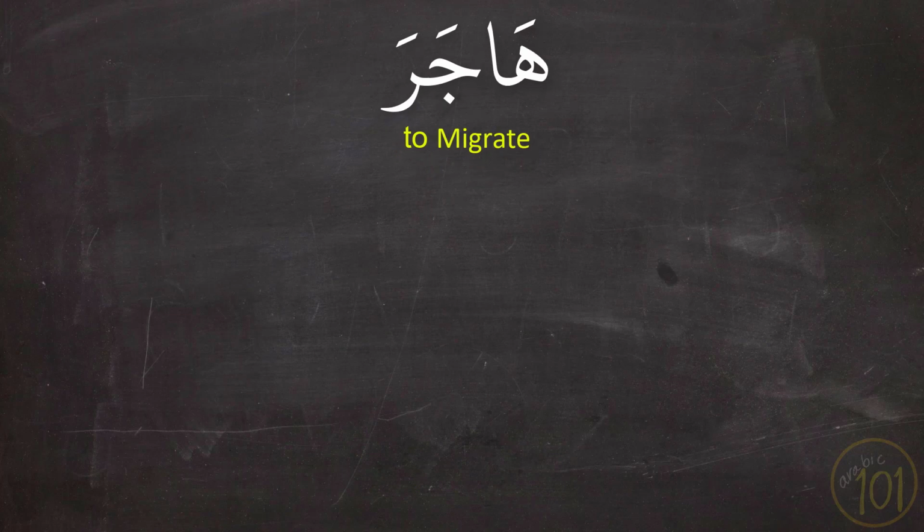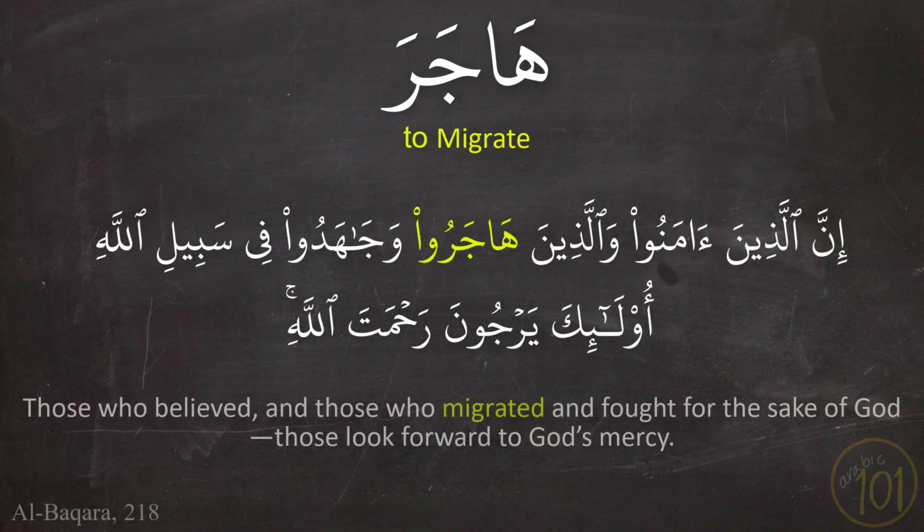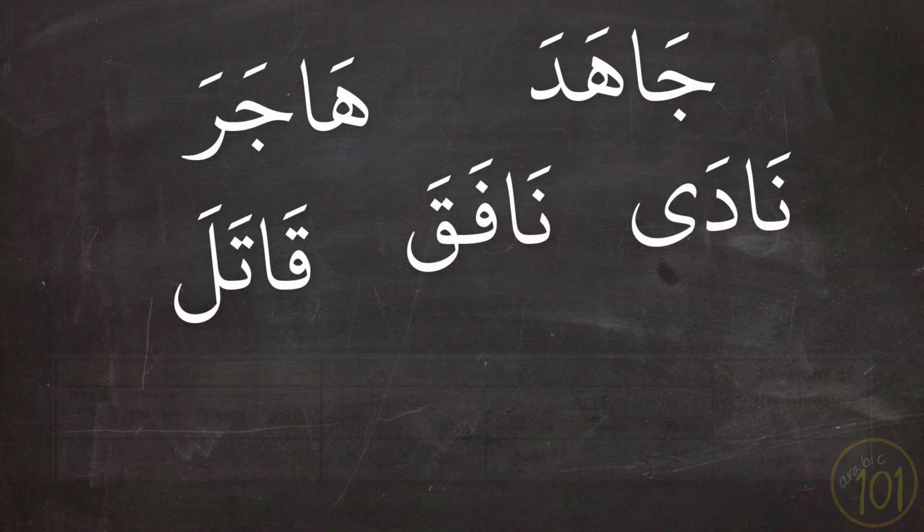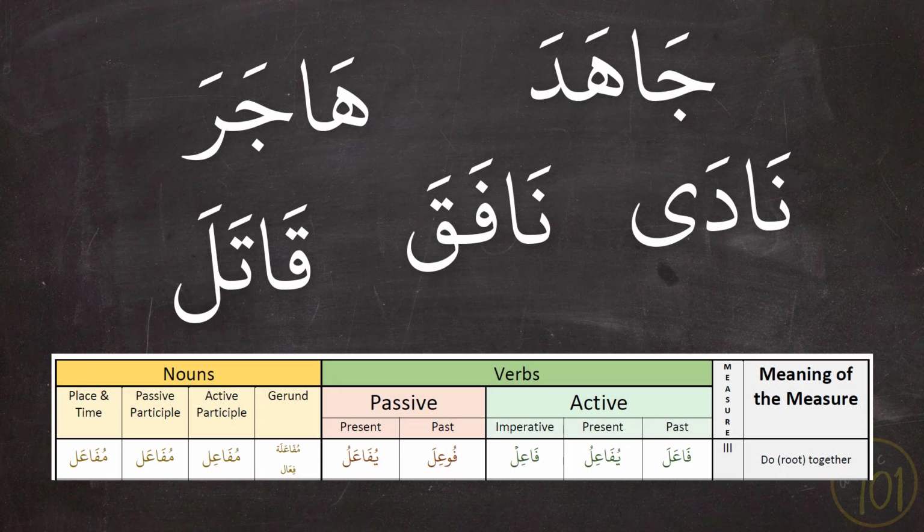We see it used in this example. إن الذين آمنوا والذين هاجروا وجاهدوا في سبيل الله أولئك يرجون رحمة الله. So these are the only 5 verbs that belong to form number 3.